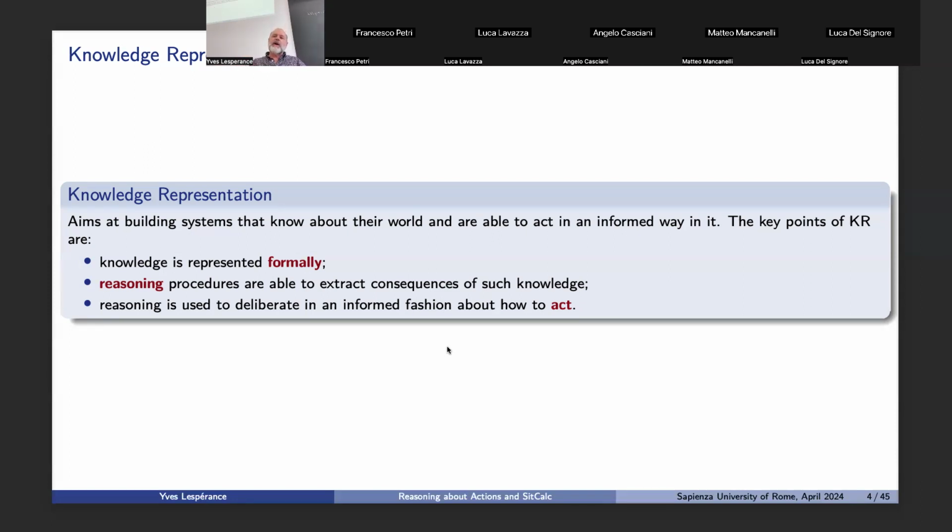The key element is that we want to represent knowledge explicitly in a formal language like a logic, so symbolic.